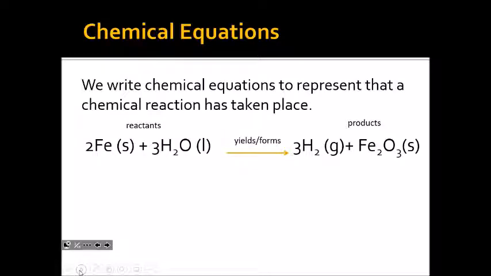Most of the stuff on the periodic table is solid at room temperature. Water is a liquid at room temperature. Hydrogen is a gas at room temperature. And then the Fe2O3, that's actually rust, or iron(III) oxide. So we know rust is a solid. I'm sure you're familiar with rust.